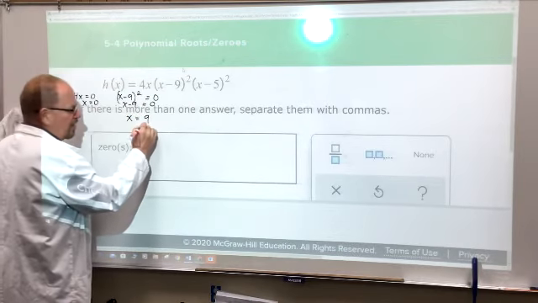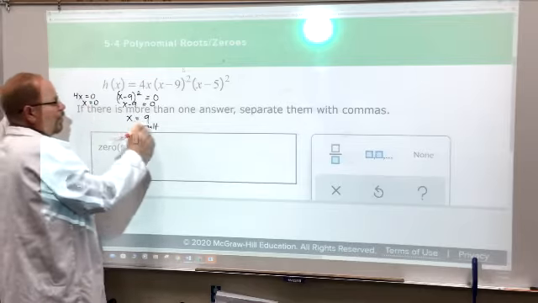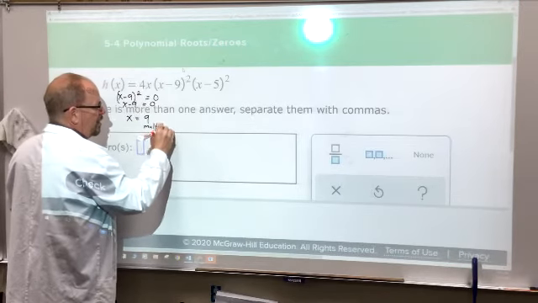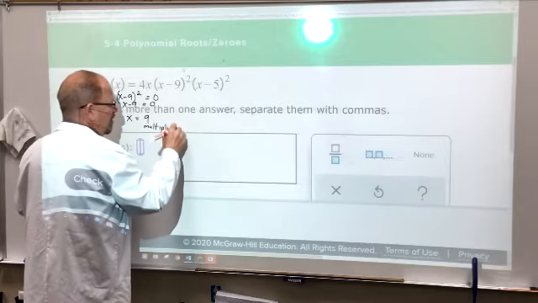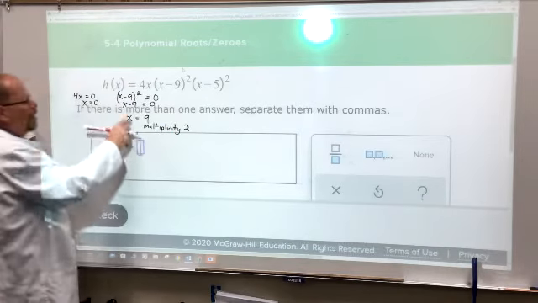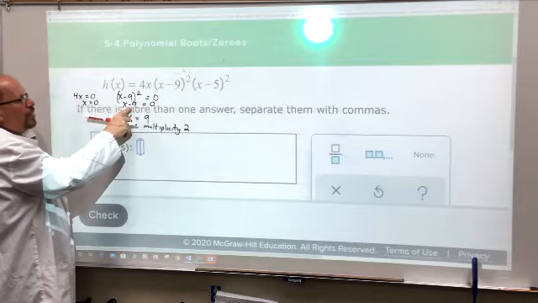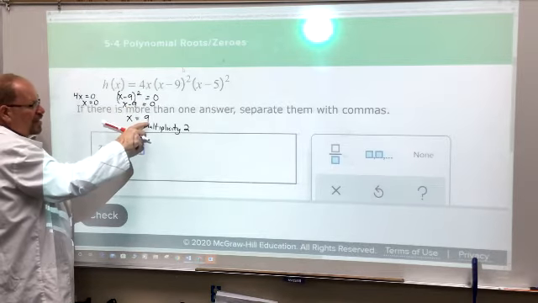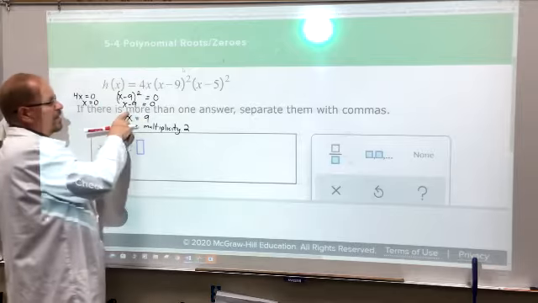And someday Mr. Gould's going to tell you, we would say this zero has multiplicity 2. In other words, this one right here is going to touch the x-axis, whereas this one right here is going to go through the x-axis.